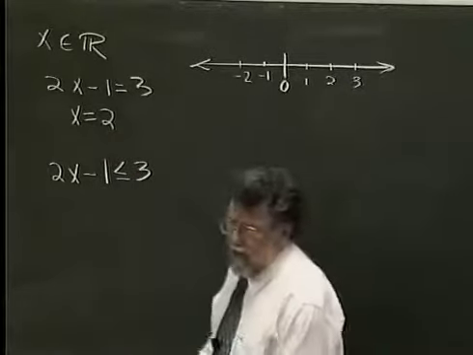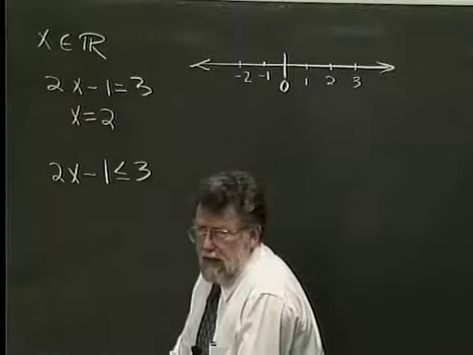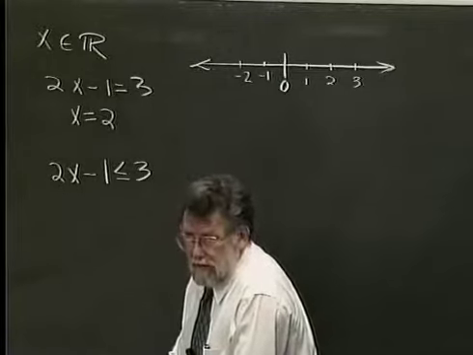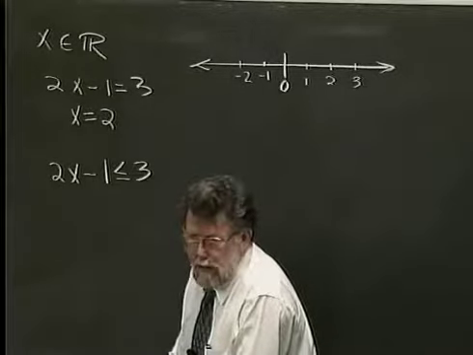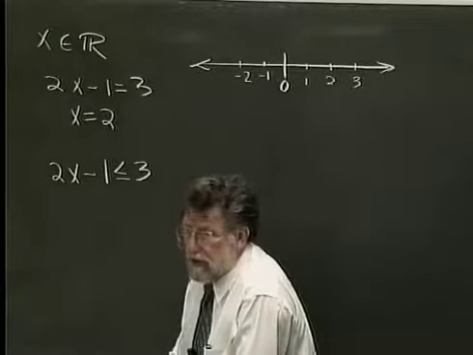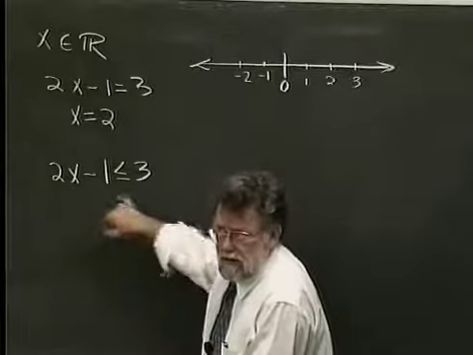Now, we talked yesterday about how we could take a statement and, using properties of addition, add something to both sides of an equality. The same thing, we still have the same solution. So I'm going to add 1 to both sides.